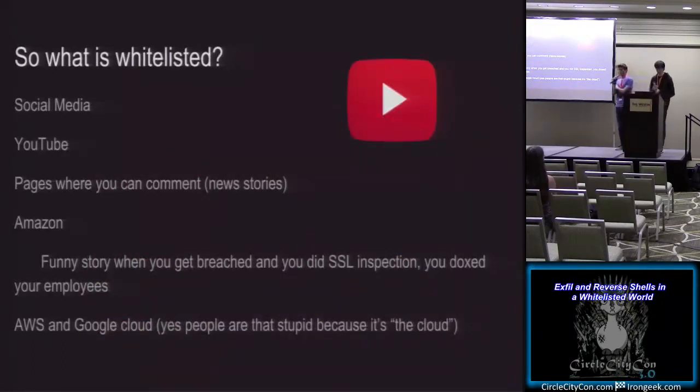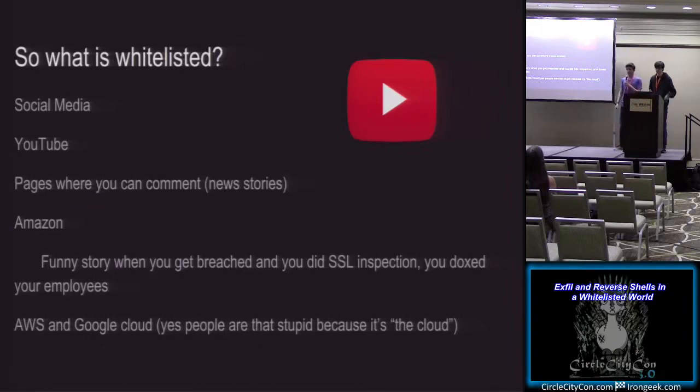So what is whitelisted? Typically, you're going to look at sites that are typical for use in a business. And also a lot of those are sites that people want whitelisted. Like you want to go on Facebook. You want to go on social media like YouTube, Twitter, Reddit, even though your employer may not always want you on Reddit all the time, but it's going to be whitelisted because it's not a dangerous site.